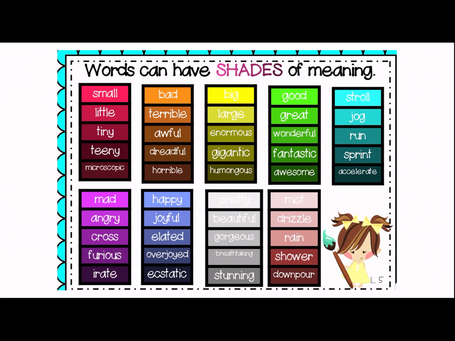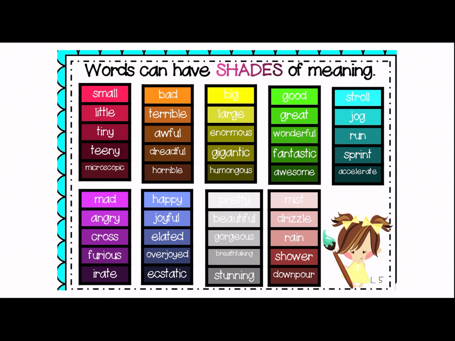You can also look at some of the shades down below that are describing emotions, mad and happy. Those are very simple terms, but your goal is to be more precise. So are you mad or are you furious? Or are you irate, which is a very intense form of being angry?